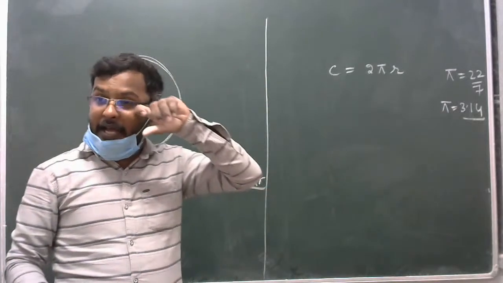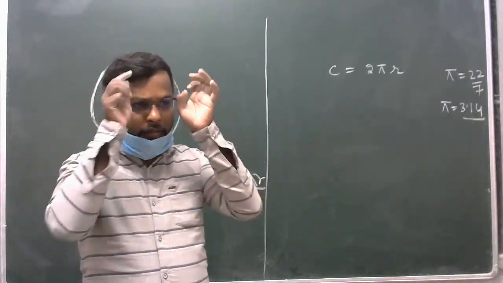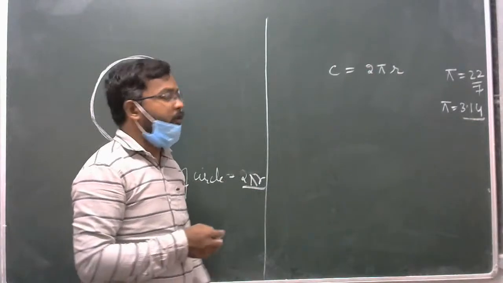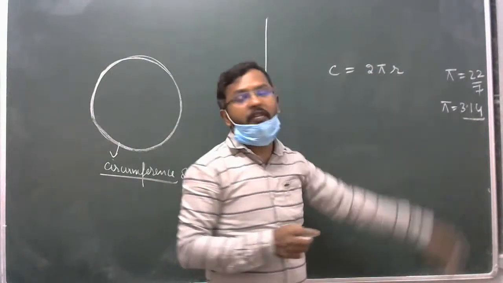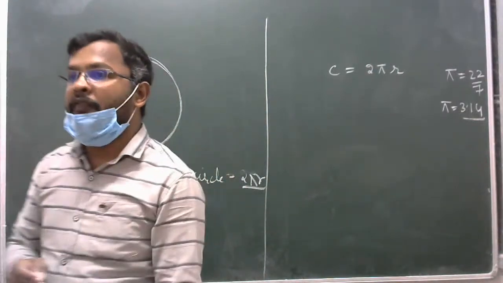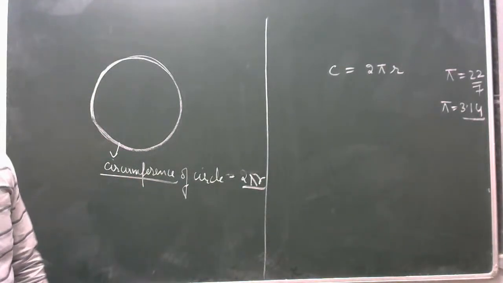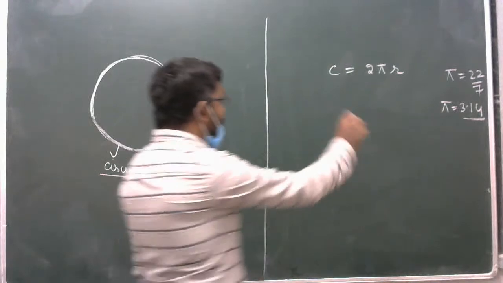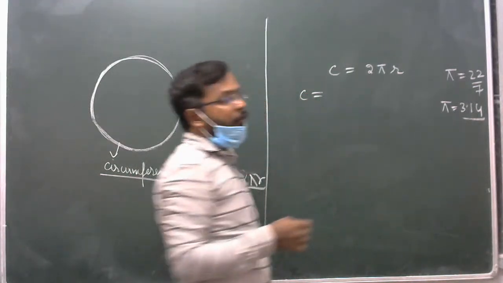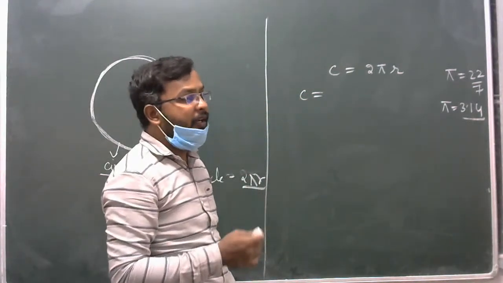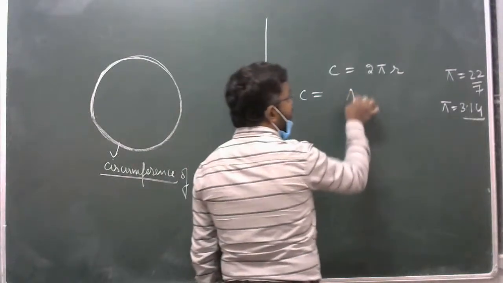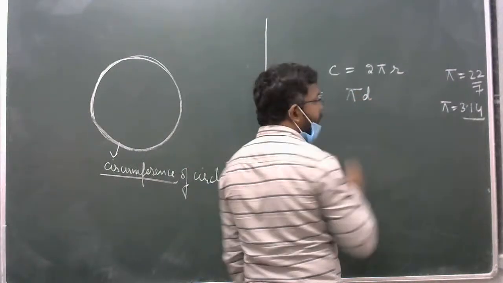And what is that r? Radius. R is radius. So using this formula, we will be calculating the circumference, that is the boundary of a circle. The formula is 2 pi r. And this formula we can write in another way also, that is pi into d.